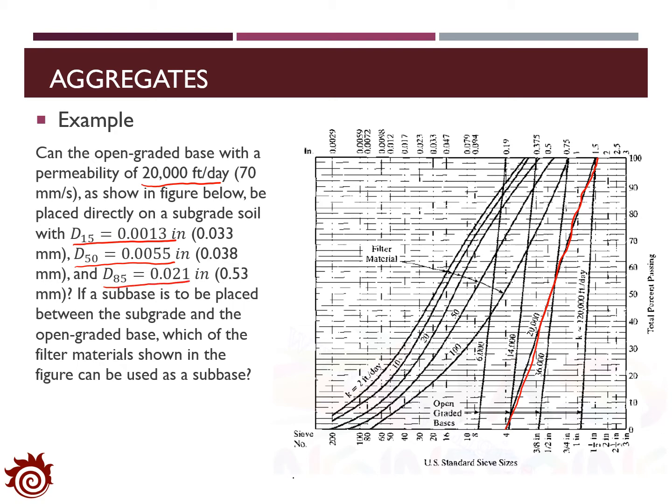If a subbase is to be placed between the subgrade and the open graded base, which of the filter materials shown in the figure can be used as the subbase? So here we have 5 options: the one with the permeability of 2 feet per day, 10, 20, 50, and 100.